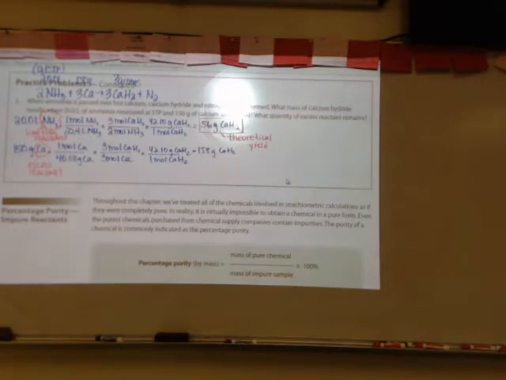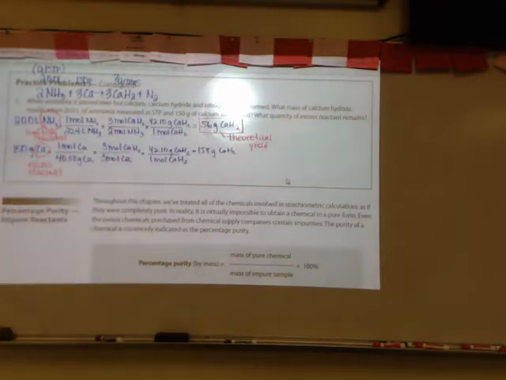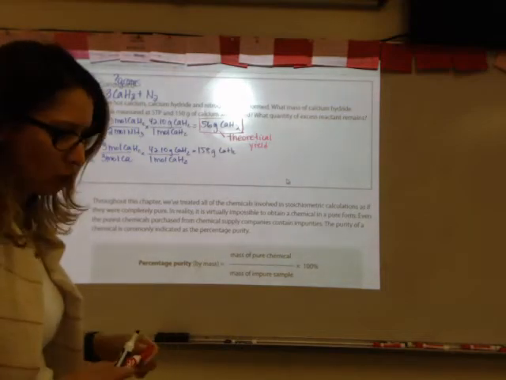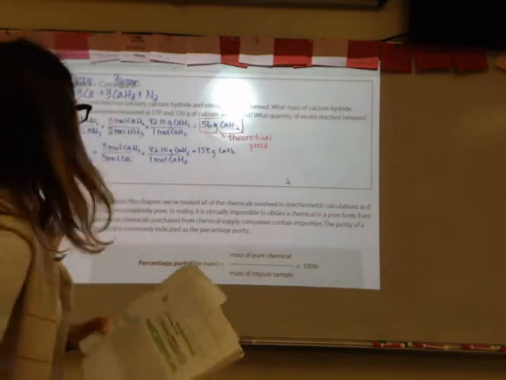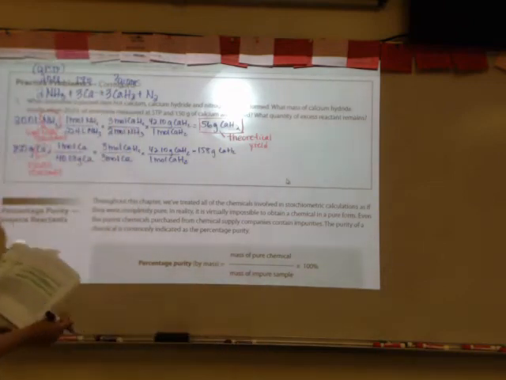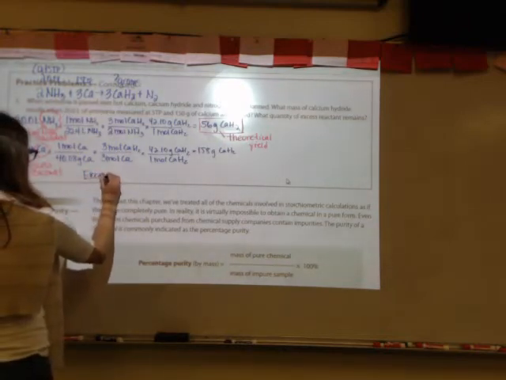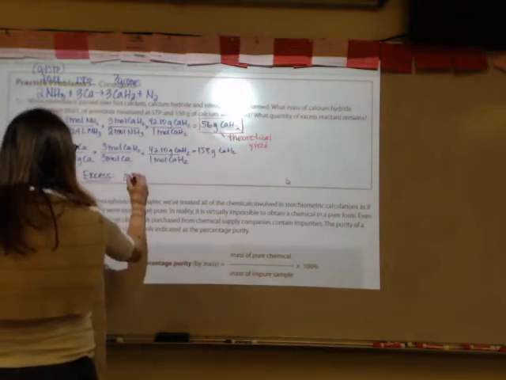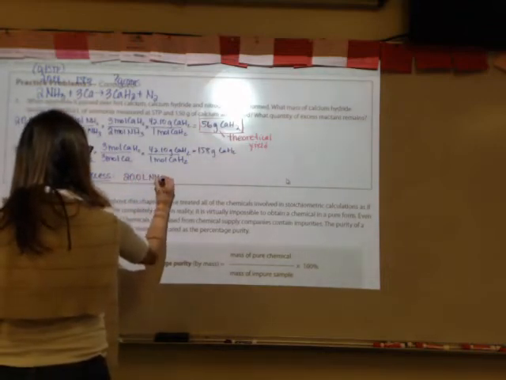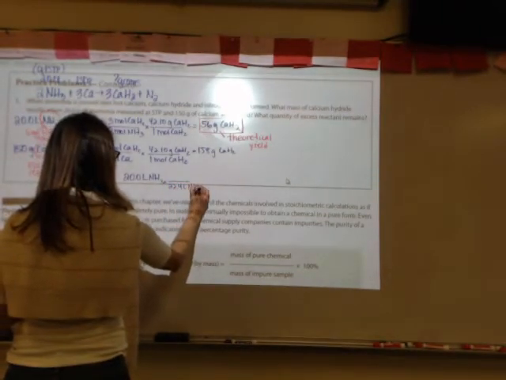So the mass of calcium hydride that we make is 56 grams, and we want to know what quantity of excess reactant remains. So we have to convert the limiting reactant to the excess reactant to see how much of that we will use. I'm going to put the excess calculation down here. We're going to start with our limiting reactant, NH3, being converted to moles.